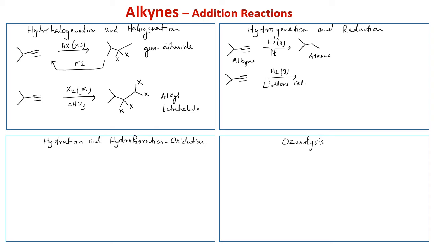So you can use Lindlar's catalyst, or you can even use nickel boride actually. And what this does is it stops the reaction at the alkene stage. Okay, so you can go from the alkyne to an alkene and stop the reaction over there.